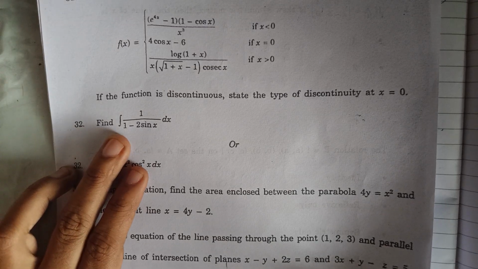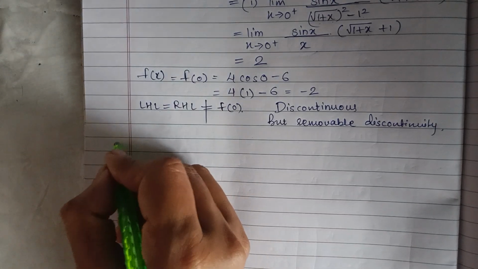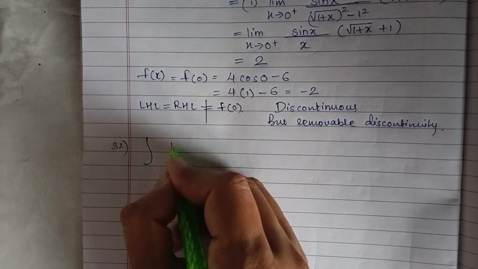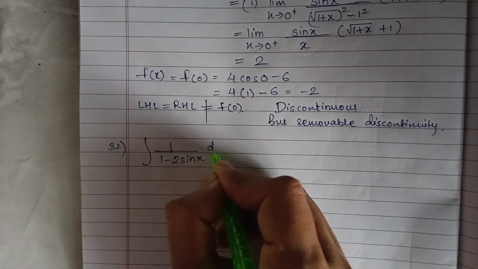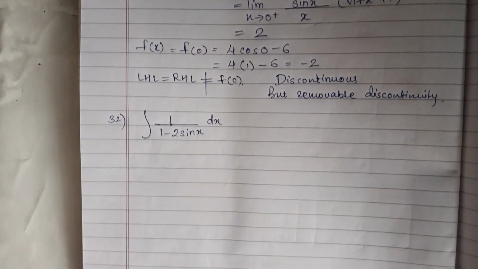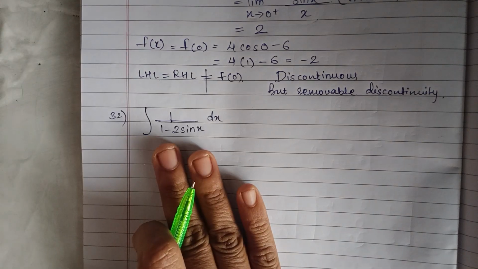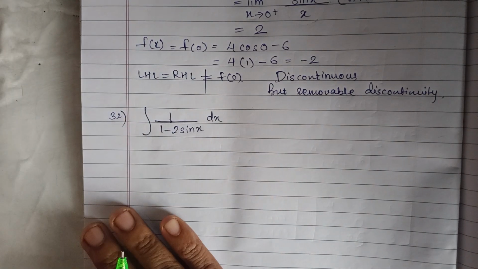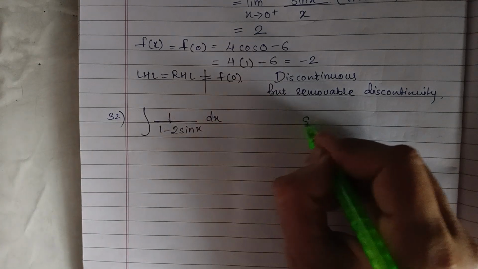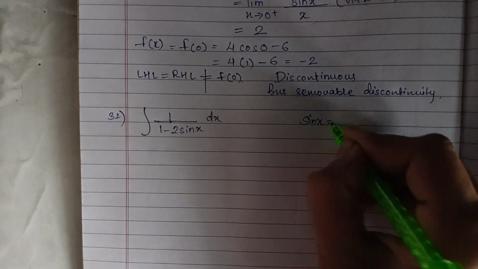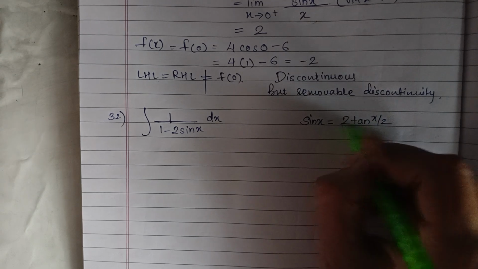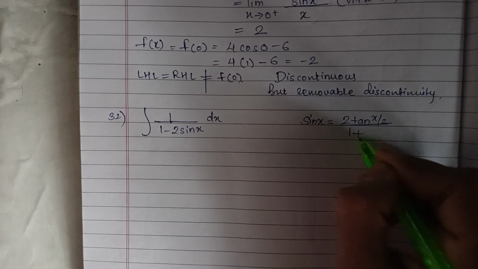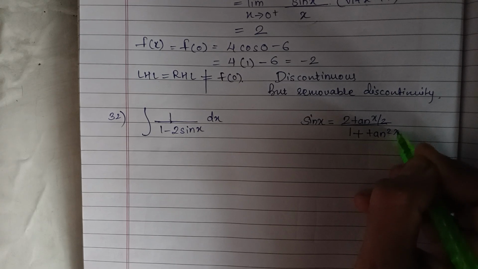Find integral 1 upon 1 minus 2 sin x dx. So here we have to make use of the half angle formula. That is, we can substitute sin of x as 2 tan x by 2 upon 1 plus tan square x by 2.